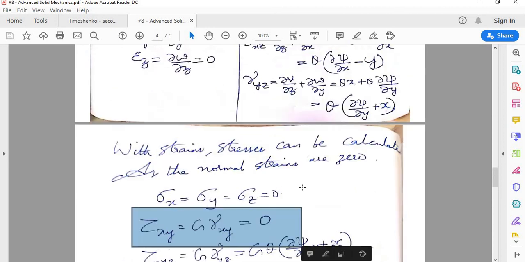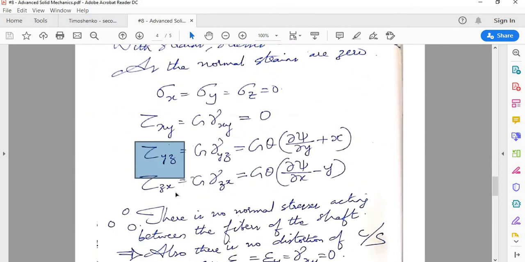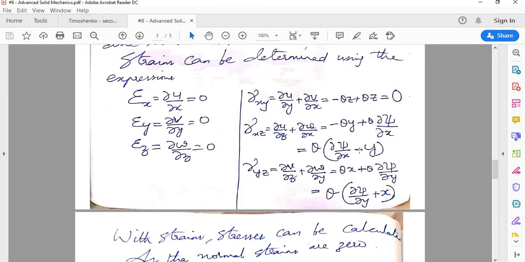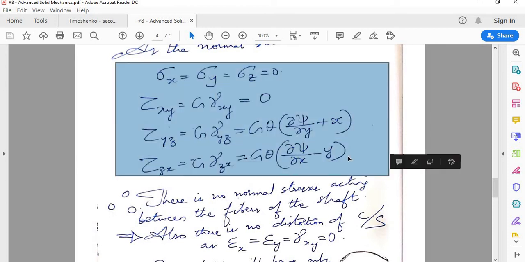So tau xy is 0 because gamma xy is 0. Tau yz and tau xz, or zx, whatever, both are the same, will be there as non-zero terms, and you multiply the strain expressions with G, and that will be the expression for tau yz and tau zx. So this is the expression for stresses.